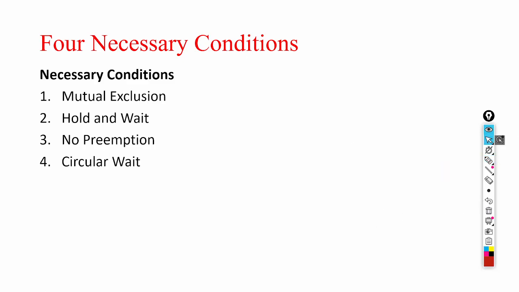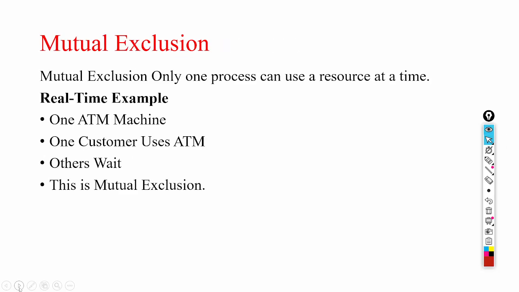What is the first one? The first one is mutual exclusion. Mutual exclusion means a resource cannot be shared simultaneously. Once one process holds a resource, that resource cannot be shared simultaneously.